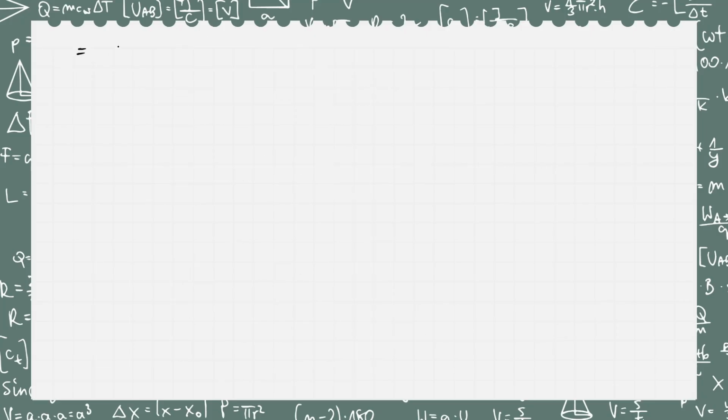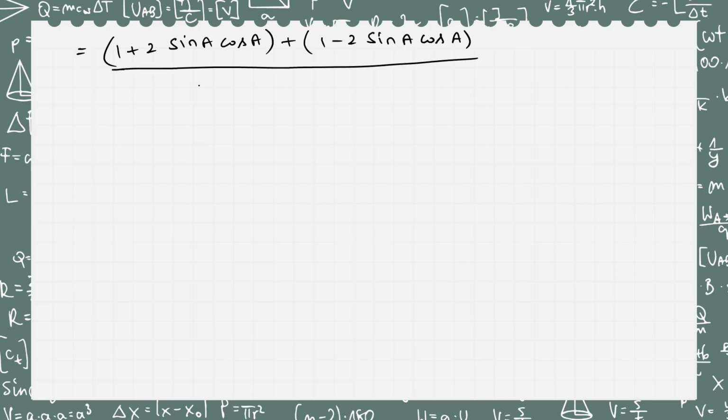Let's write that: 1 plus 2 sin A cos A plus 1 minus 2 sin A cos A divided by sin square A minus of 1 minus sin square A we had, remember?